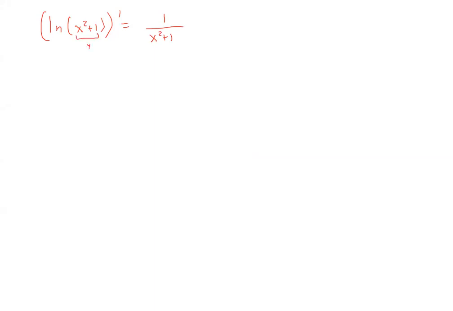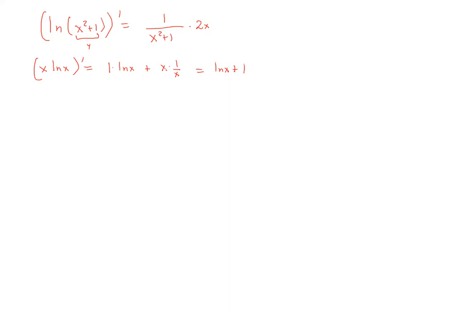So the derivative of ln of y is 1 over y times 2x. Or let's say that we want to find the derivative of x ln x. So by the product rule, this will be 1 times ln x plus x times 1 over x. You can leave it like that. You can actually simplify it and you will get this.